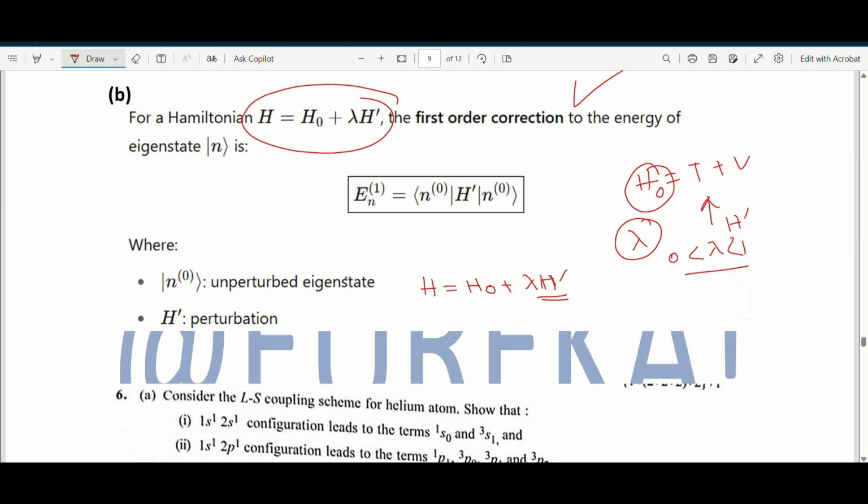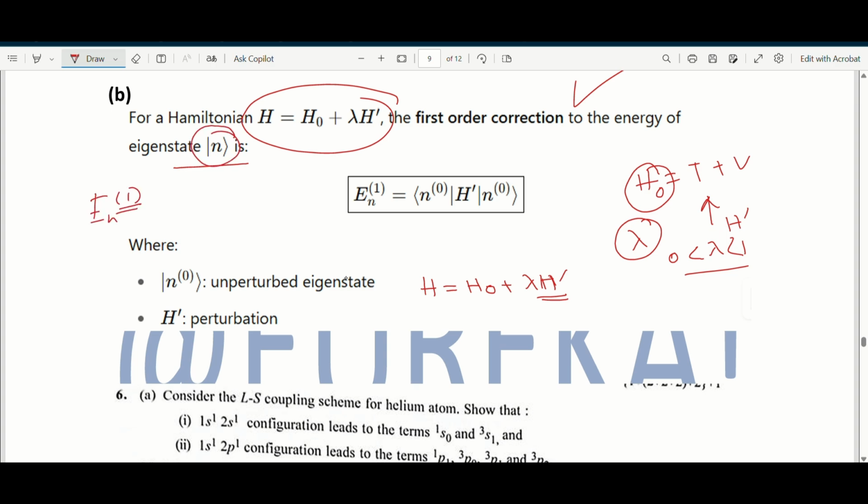So what will be the first order correction in energy? The first order correction is nothing but the expectation value of the perturbed Hamiltonian in the ground state, in that state. If you want to find the correction in the nth state, it is simply En of 1.